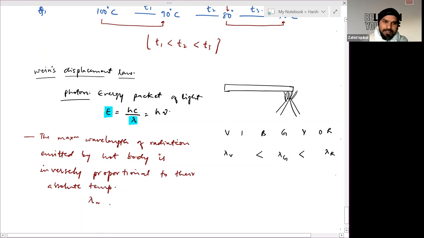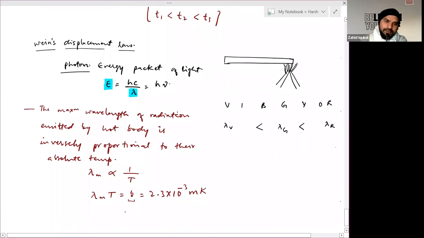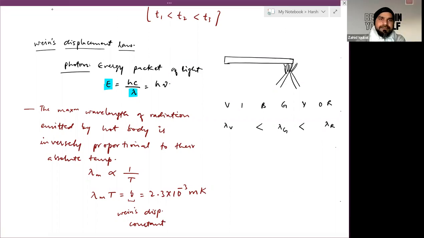That is, lambda maximum and temperature are inversely proportional. So the product of these two terms will be constant b, which is equal to 2.9 into 10 to the power minus 3 meter Kelvin. This b is called Wien's displacement constant.